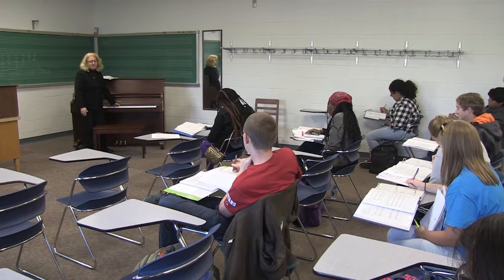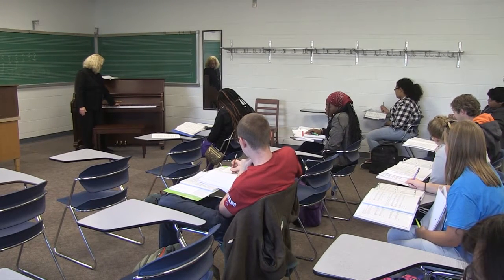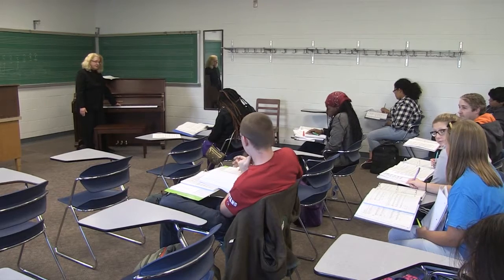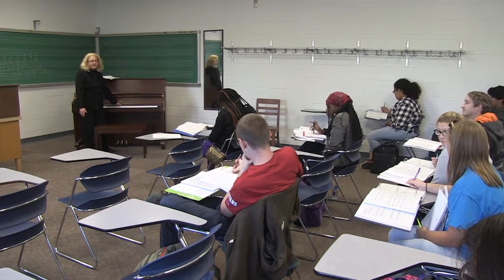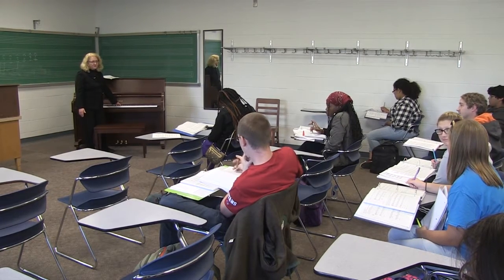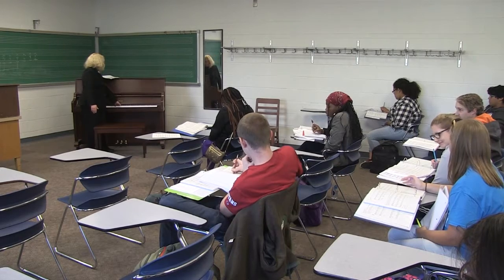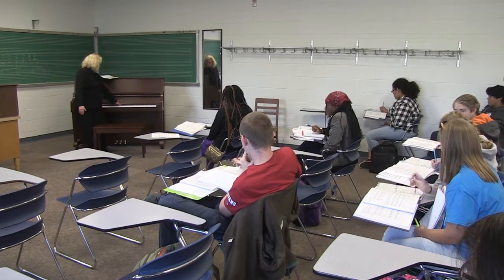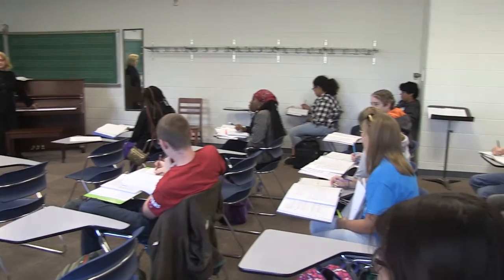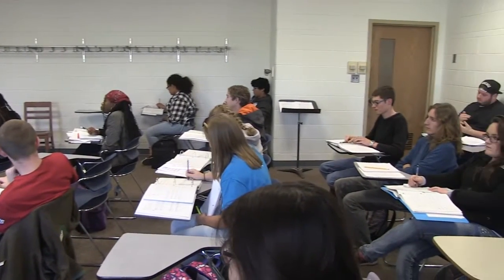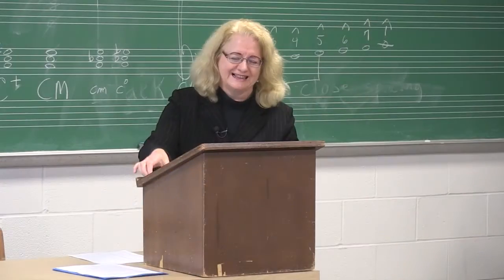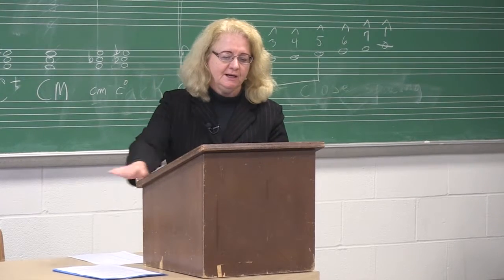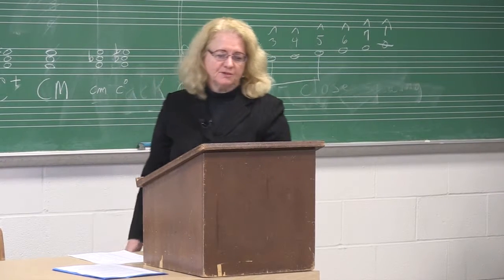Yes, very good, diminished. Minor third from C to E flat, minor third from E flat to G flat, diminished fifth from C to G flat. Good. And one more. Major. Major, yay, C, E, G. Good.